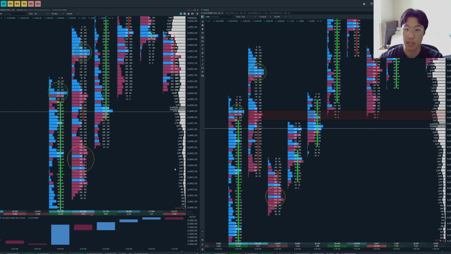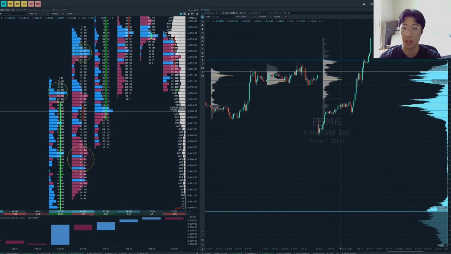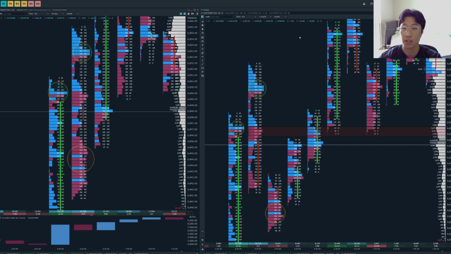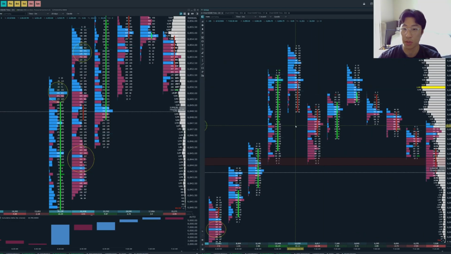But I took this trade because I thought that the gap fill was at 68.48, previous day value area low. If I knew that the gap fill was actually at the 63s or the 58s, then I probably would have looked to take a trade up here.